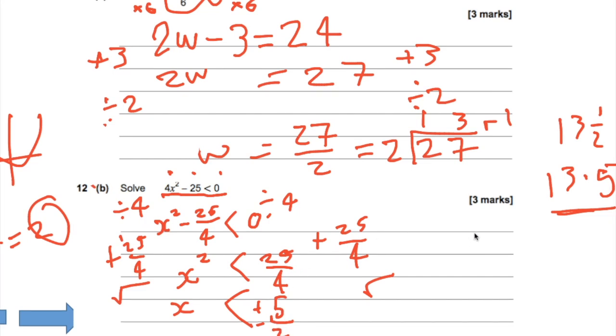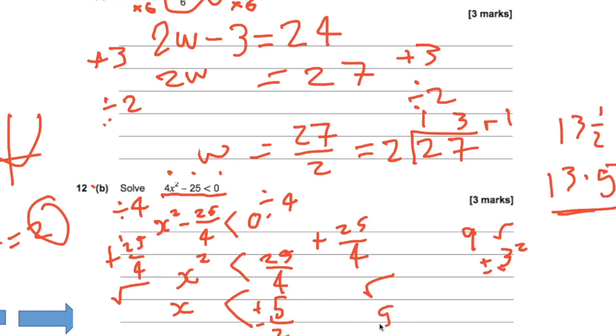If we had 9 and we square rooted it, we could make 9 by plus or minus 3 squared. Minus 3 times minus 3 is 9, plus 3 times plus 3 is 9. So there are two solutions when you square root an x squared.